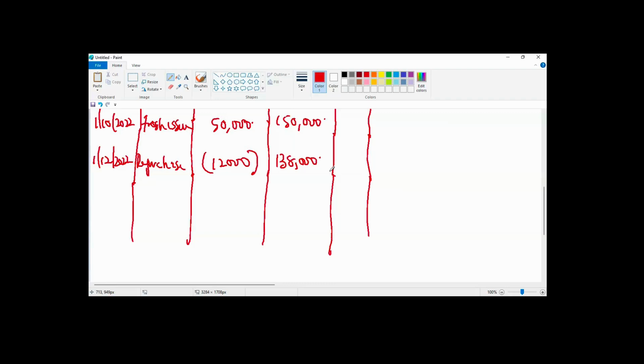Let me check the date. 1st of May 2023. Converted debentures: 38,000. 138,000 plus 38,000 gives 176,000.